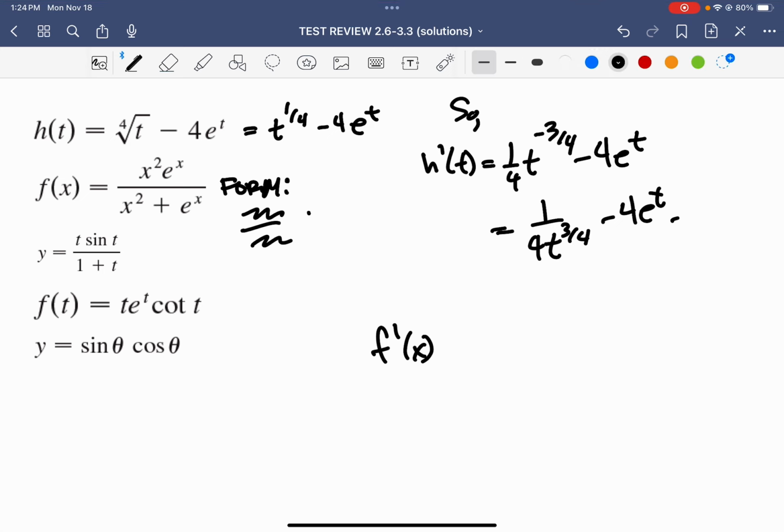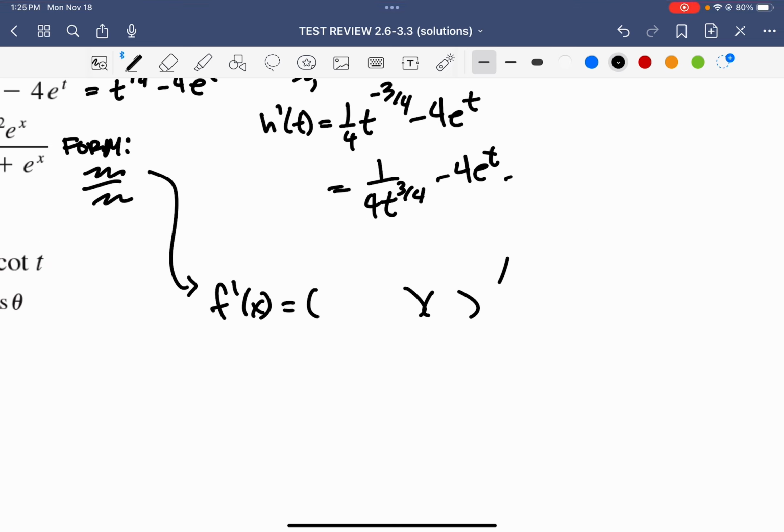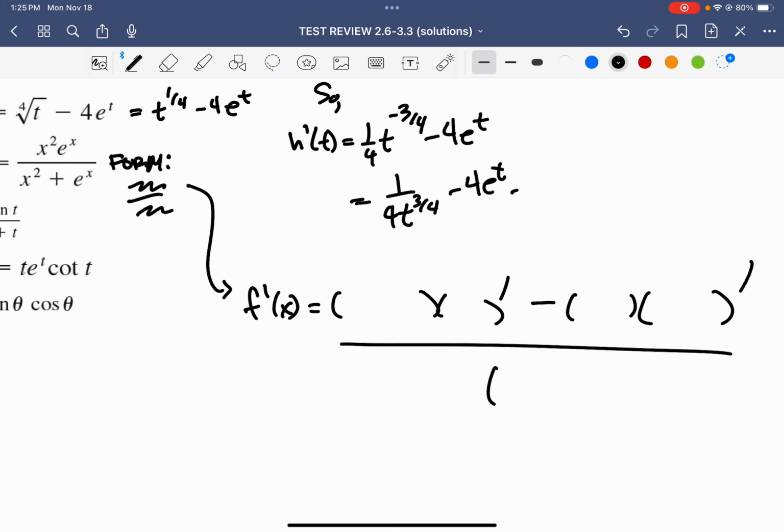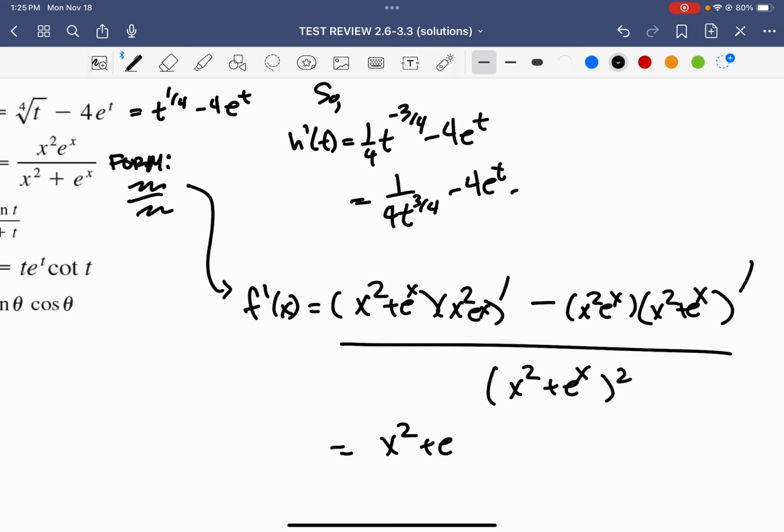So its derivative, if you allow me to come down here, is low d high minus high d low over low squared. So you're going to get this. But then notice you've got some embedded derivatives inside of here.